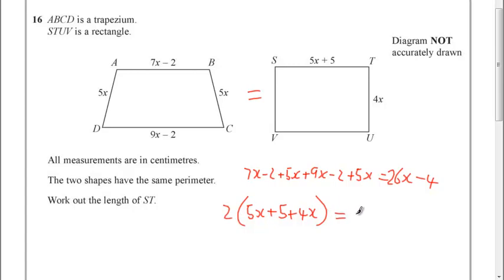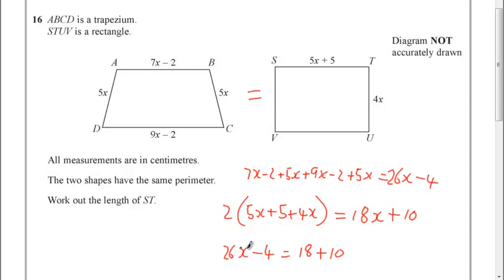and that is then 5x plus 4x is 9x times 2, 18x. We've got 2 times the 5, 10. Okay, so now we know that the 26x minus the 4 must equal 18x plus 10.